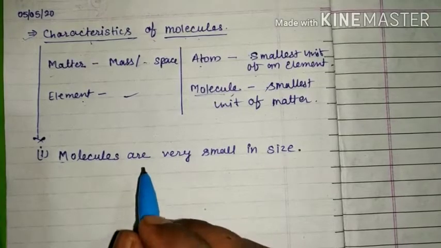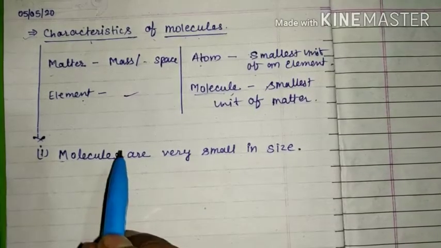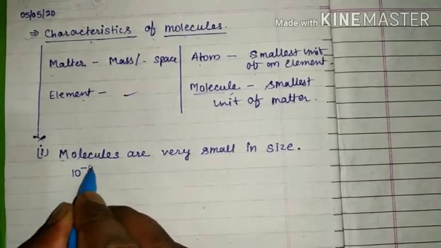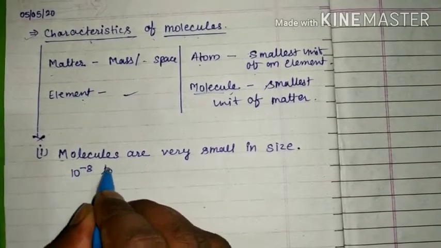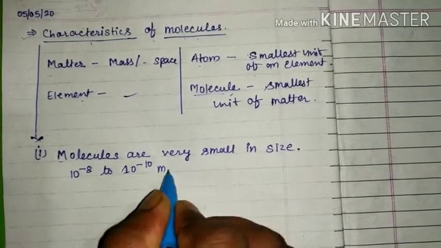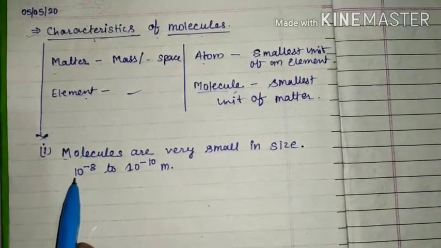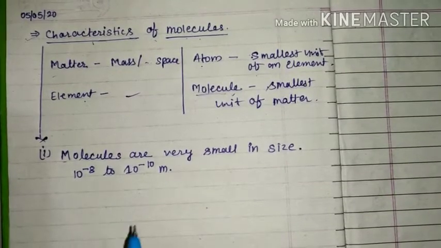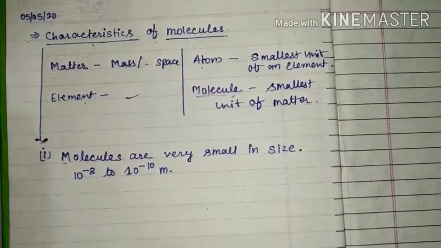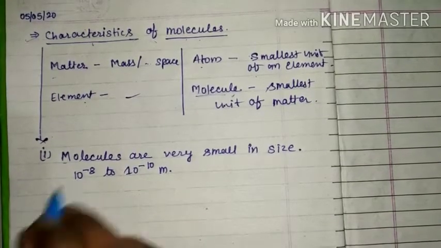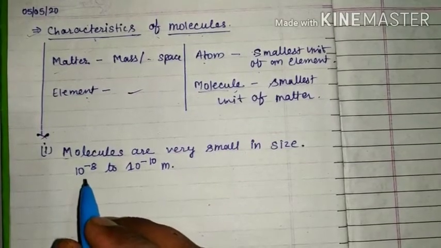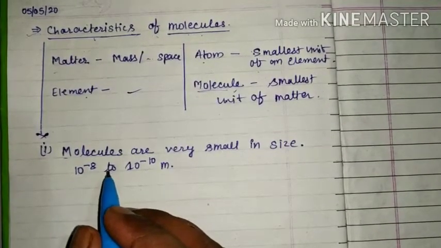The size of molecules is of the order of 10 to the power minus 8 to 10 to the power minus 10 meter. Dear student, this is a very small size. So molecules can never be seen by our naked eye.